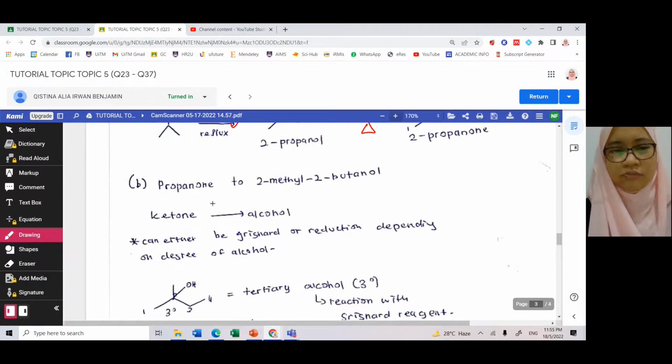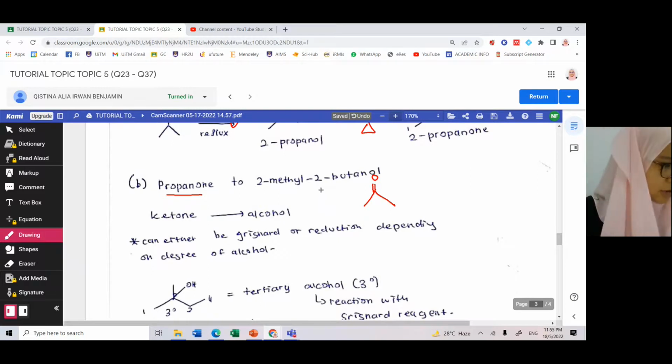You may need to draw both compounds, the starting compound and also the product, so that you can get an idea of the type of reaction that the starting compound can undergo in order to produce the final product. So this is propanone. 1, 2, 3. Propanone becoming 2-methyl-2-butanol, is it?